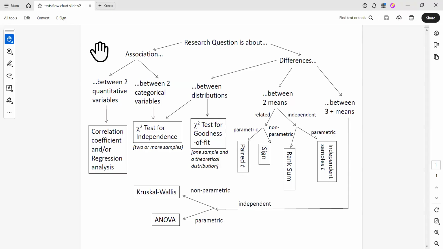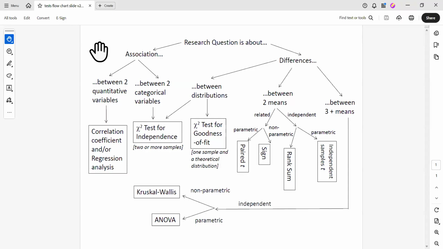If the association is between two categorical variables, then we'll use the chi-squared test for independence. So the chi-squared test for independence can be used in different situations, whether we're looking for patterns of association between two categorical variables, or we're looking for differences between distributions of categorical variables.